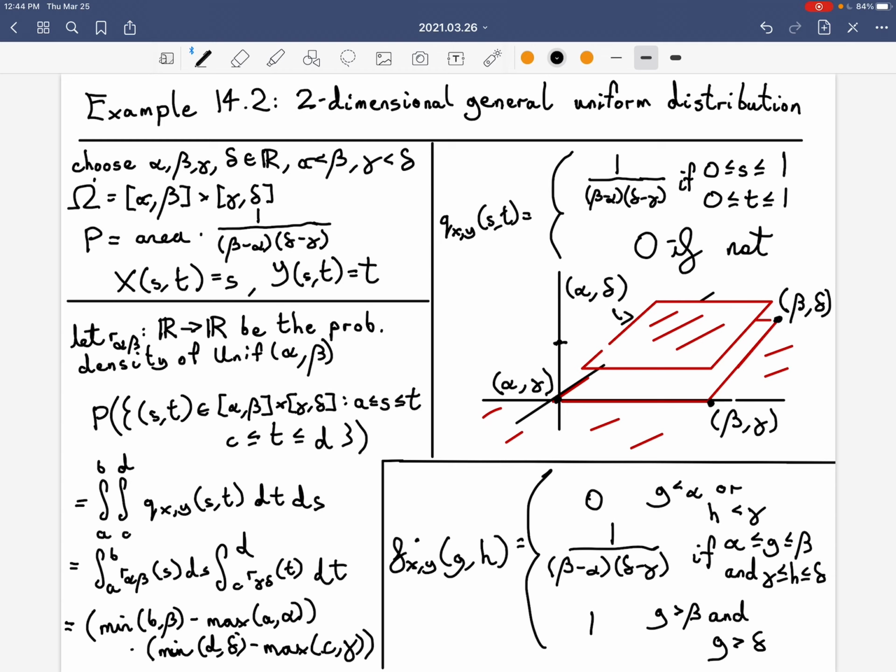And I can think about the probability density function, which is not quite the same physical picture as before, because it's not exactly a copy of my table. It's a shorter copy of my table, or maybe a taller copy of my table. It's a copy of my table whose height has been rescaled so that it matches the 1 divided by the area.